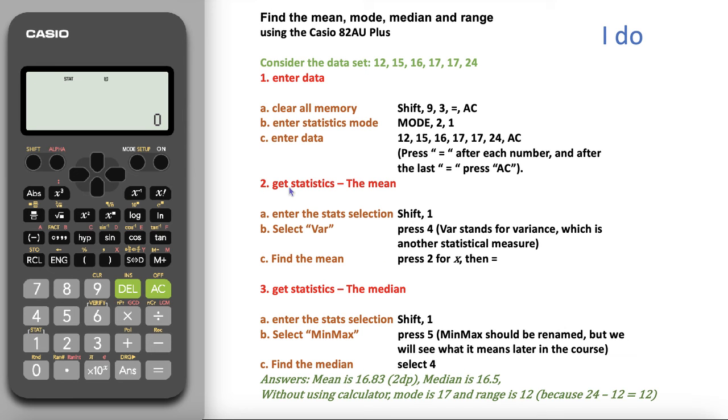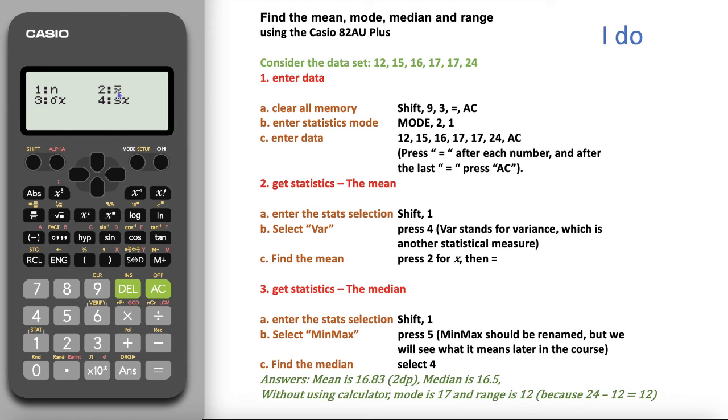Step 2 is to get the statistics. And the first statistic we're interested in is the mean. This is how we do it. We press Shift 1. Okay, now this one you've got to pay attention to because it's not obvious. To find the mean, it is buried under option 4. VAR stands for variance, and it's buried under that option, 4 VAR. So press 4, and we are after option 2.